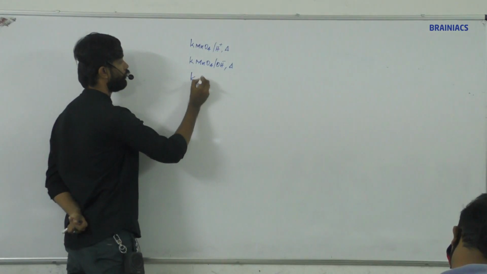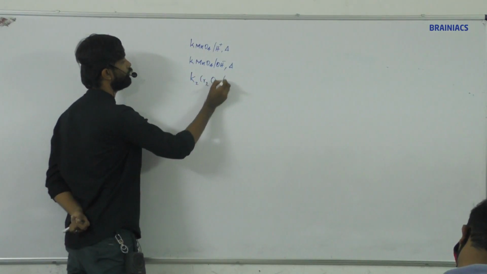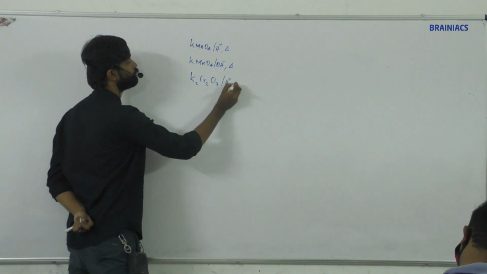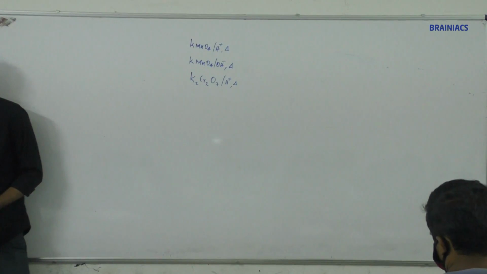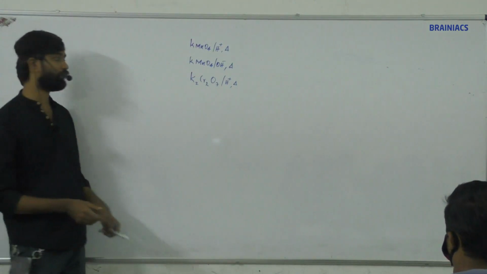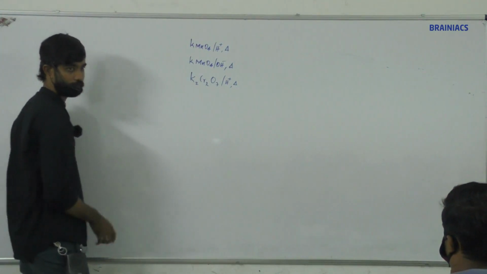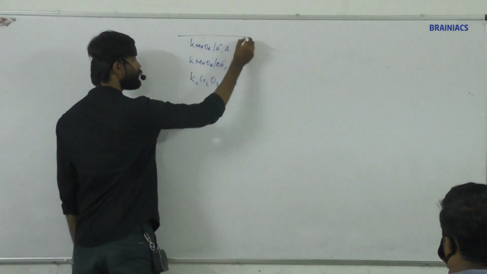Or hot acidified K2Cr2O7. So these all are simply considered as strong oxidizing agents, which can cleave the C=C double bond. But it is very easy.